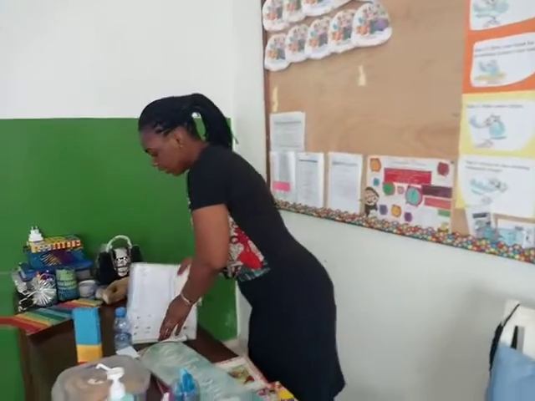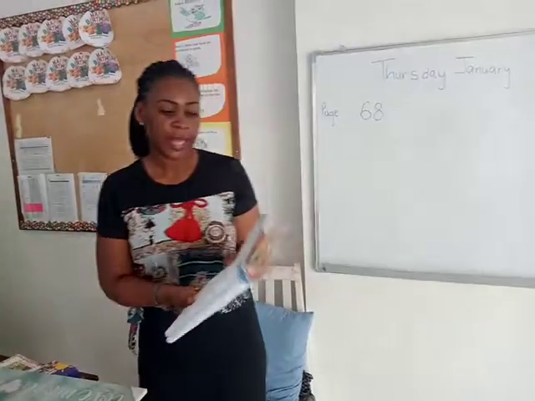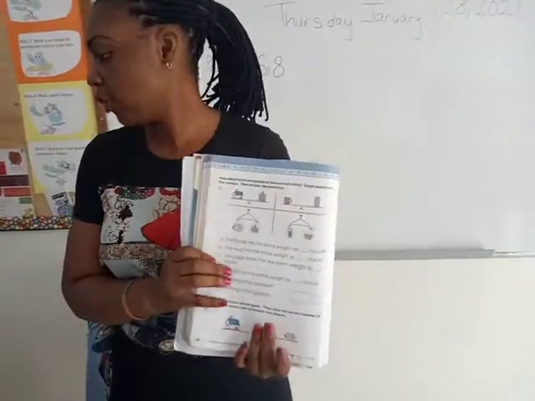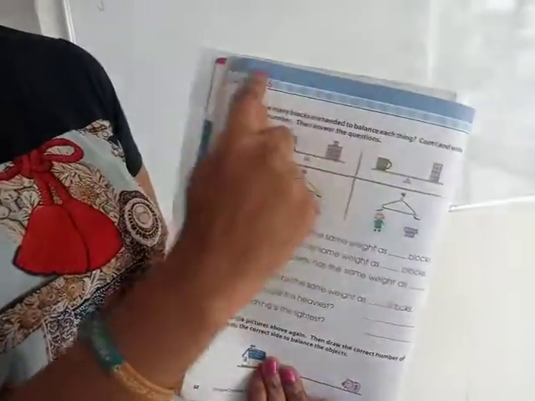Since we're just going to continue with the exercises of the topic we introduced on Monday, I would like us to read the instructions in the book before we start working. You must have written your date on top of the space.